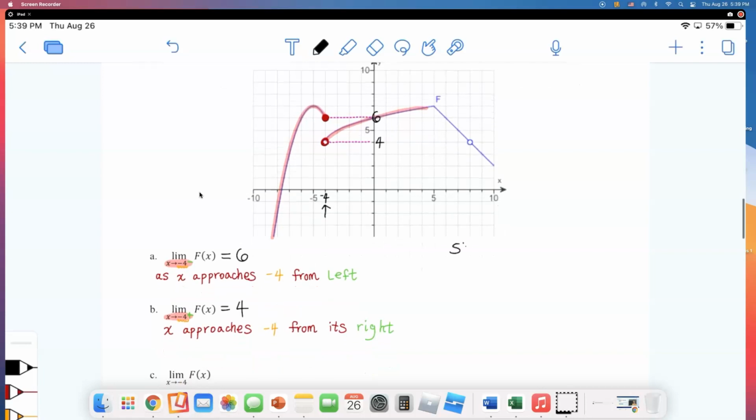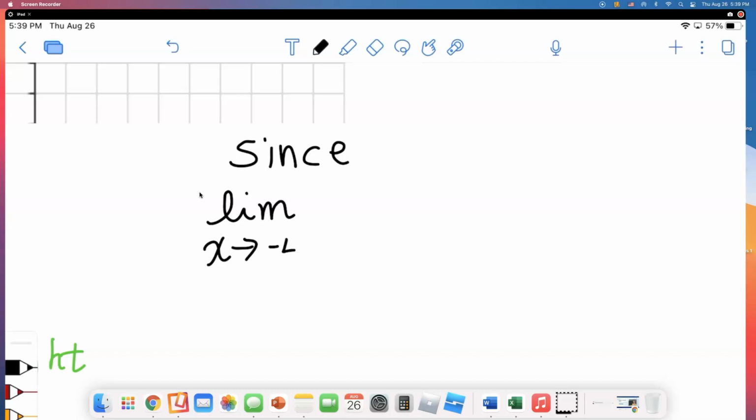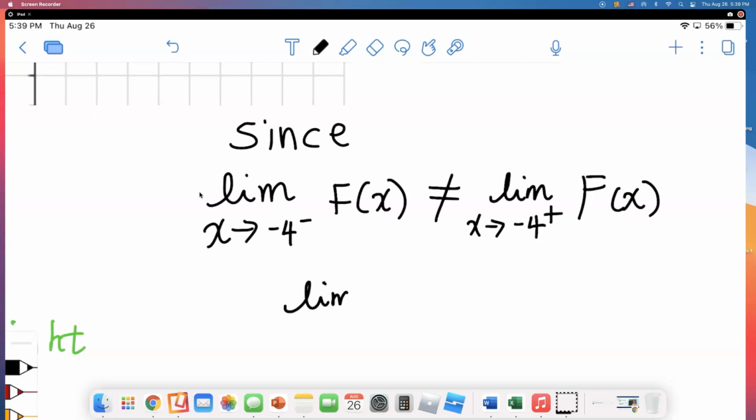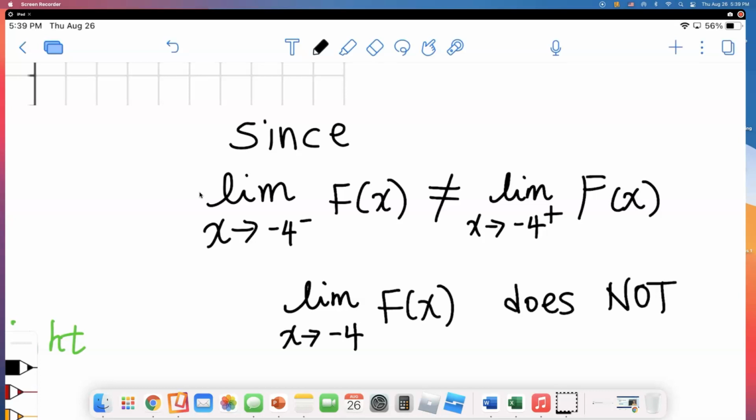We can say something like this: since the limit as x approaches -4 from the left is not the same as the limit of f of x as x approaches -4 from the right, the general limit as x approaches -4 does not exist because they are not the same.